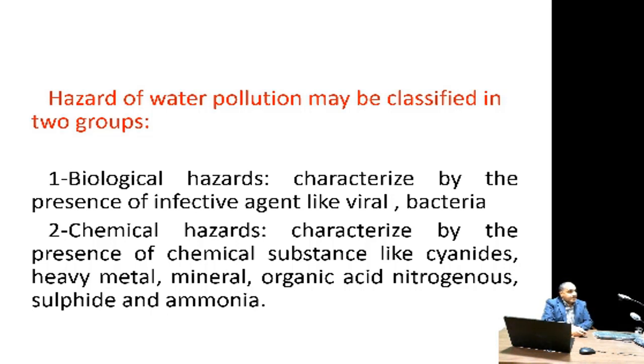Chemical hazard, characterized by the presence of chemical substances like cyanide, heavy metals, minerals, organic acids, nitrogenous sulfides, and ammonia. Then the differences between biological and chemical hazards: biological is characterized by the presence of infective agents, and chemical hazard is characterized by the presence of chemical substances.